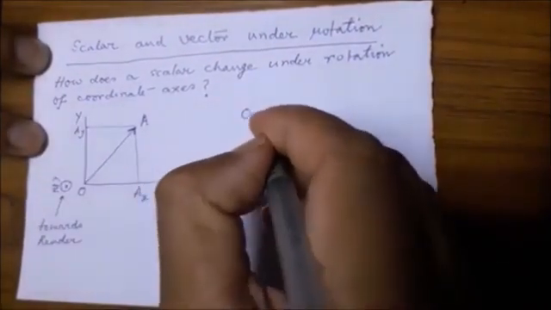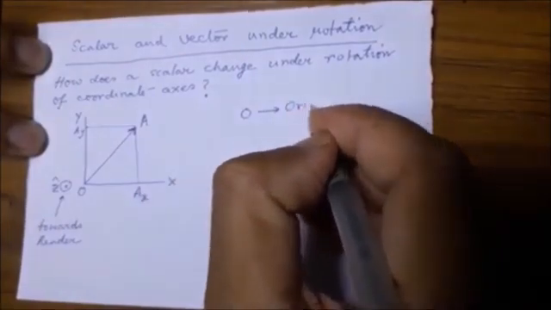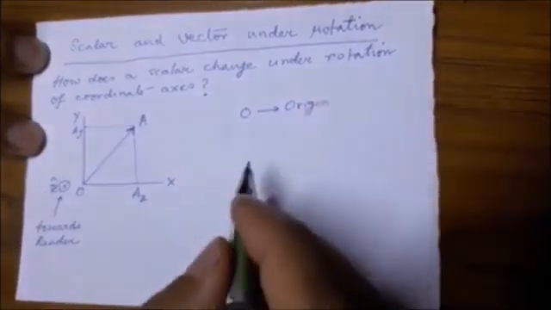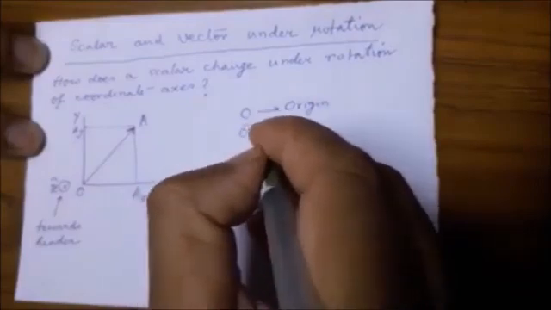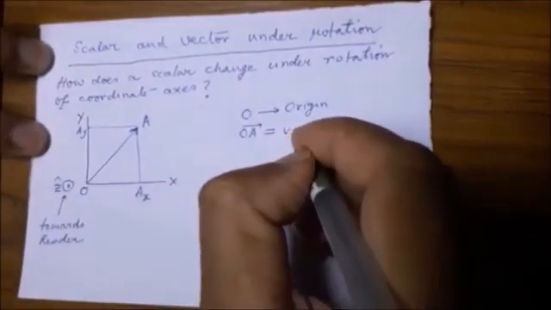So let us write O, which is the origin, and OA is a vector under consideration.